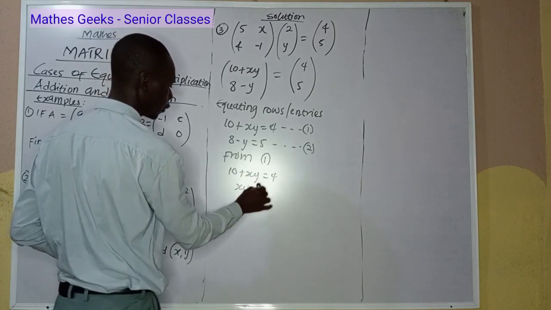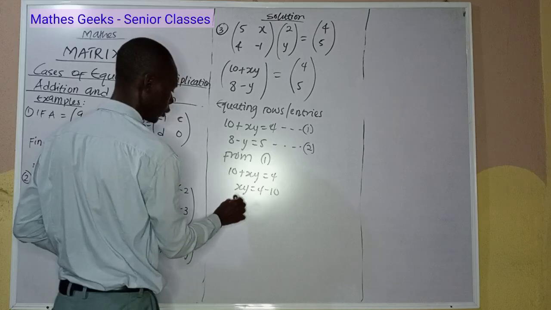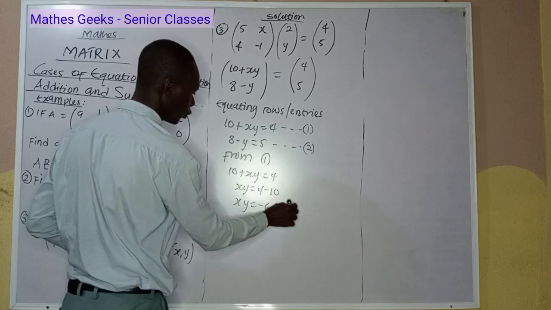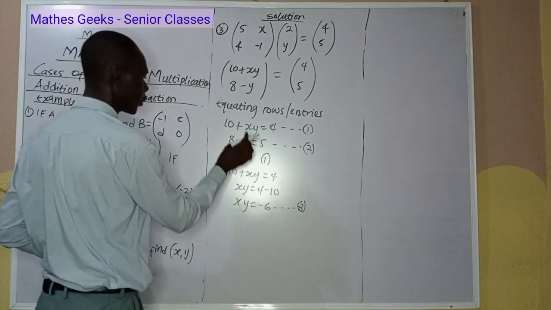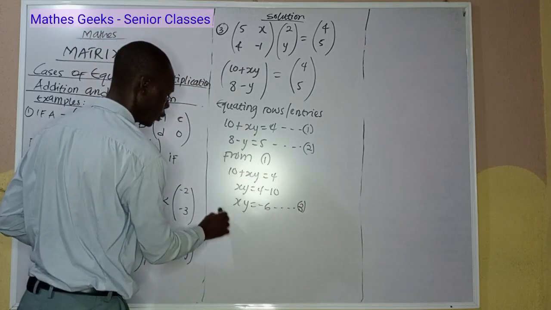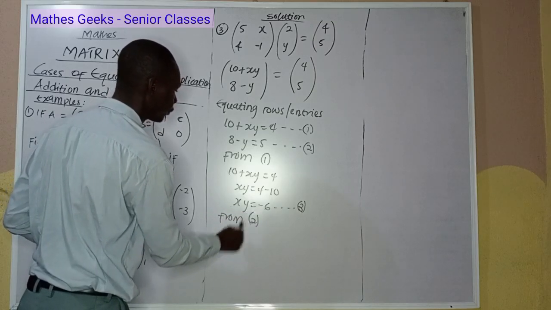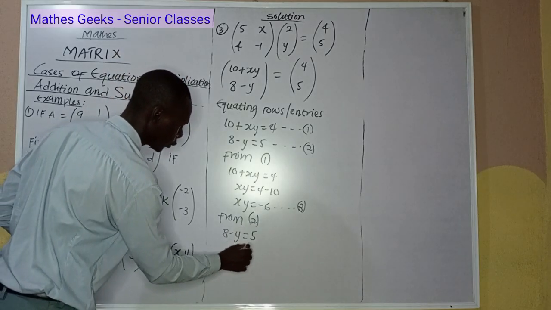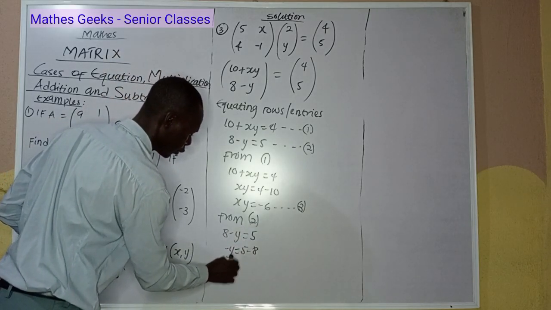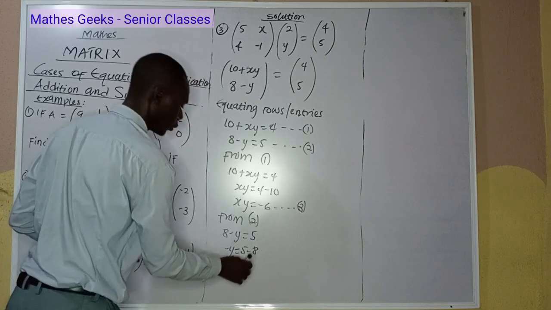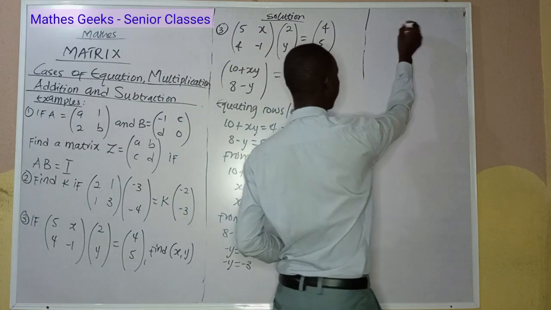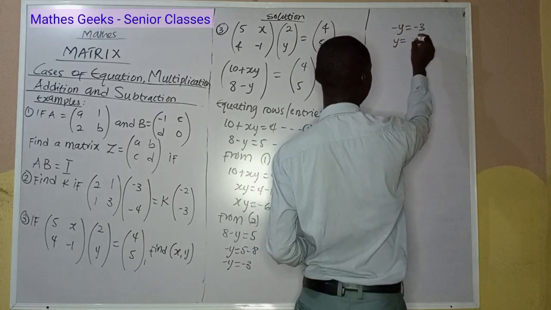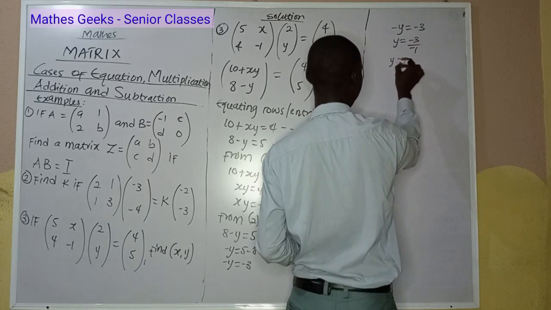So xy is equal to 4 minus 10. xy is equal to minus 6, equation 3. So let's get the value of y from equation 2. From 2, 8 minus y is equal to 5. Minus y is equal to 5 minus 8, minus y is equal to minus 3. So y is equal to minus 3 over minus 1. So y is equal to 3.